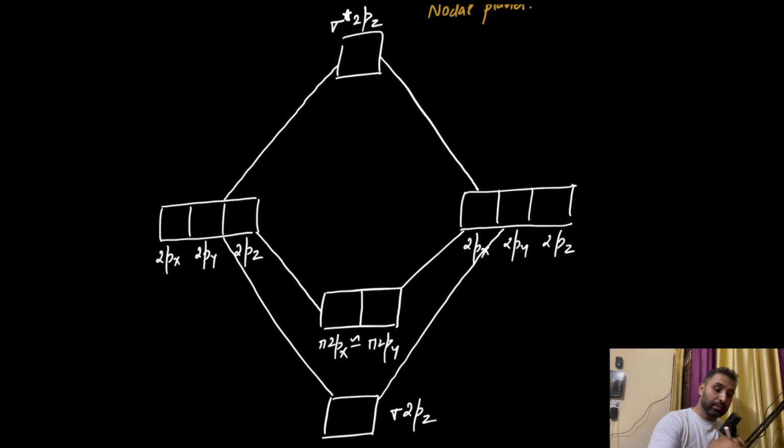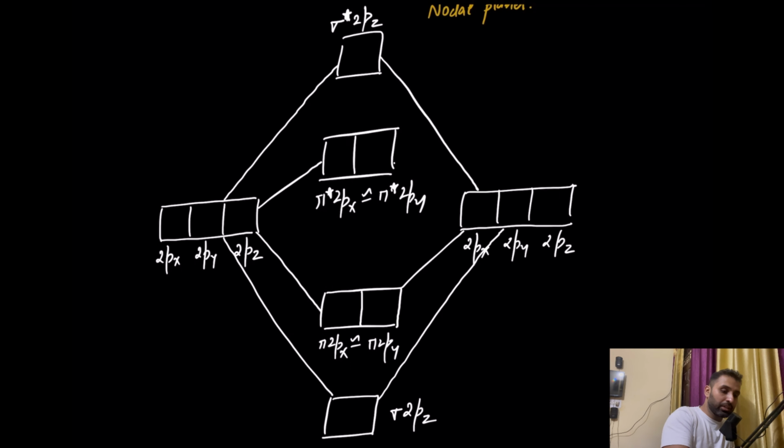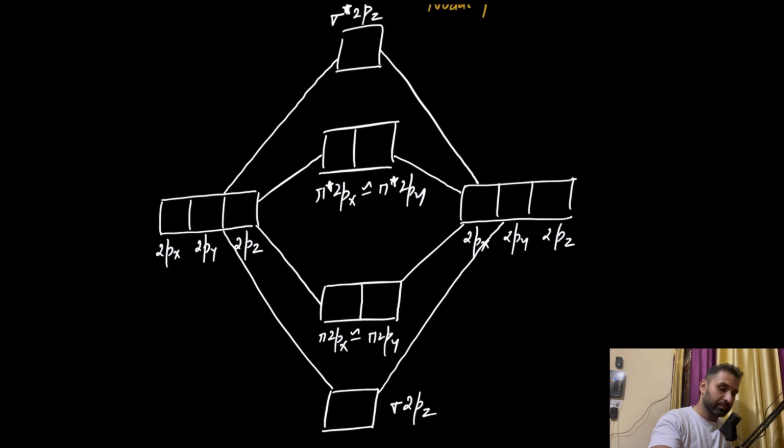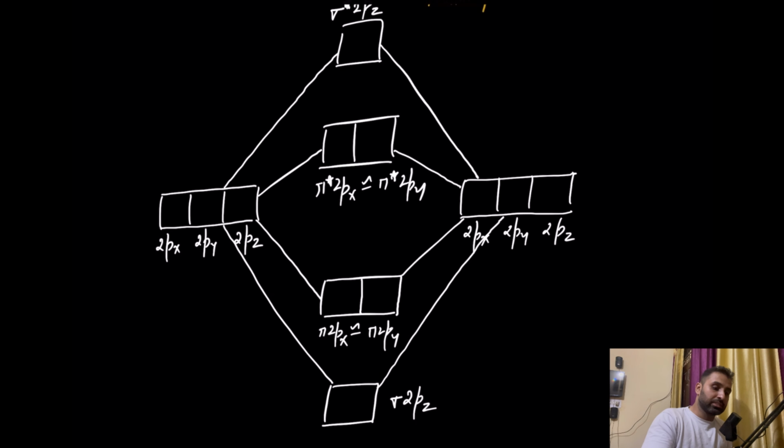Now, the anti-bonding molecular orbitals forming pi bonds. We got pi star 2px, and that's our pi star 2py, and these are anti-bonding molecular orbitals. So this is the molecular orbital diagram for the p subshell having three orbitals, 2px, 2py and the 2pz.